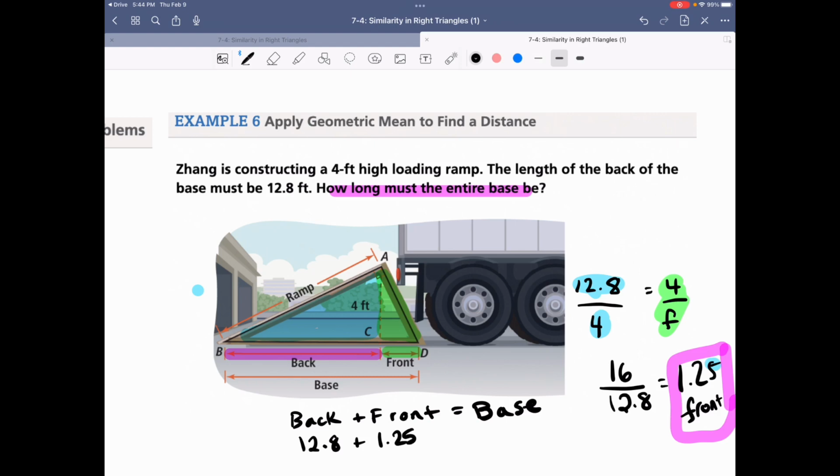So the base will equal, let me see if I can do this in my head, 14.05 feet is how long the entire base needs to be from the back of the truck.